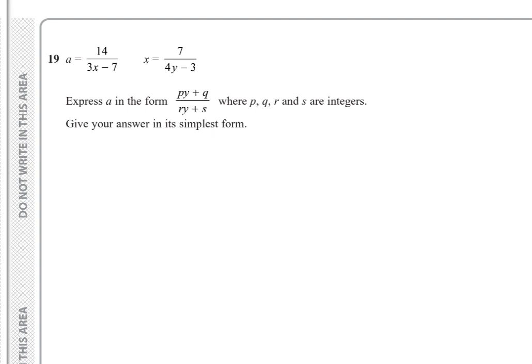So to find a in terms of y, you need to substitute x by 7 over 4y minus 3. So you can write a equals 14 over 3 bracket, inside this bracket 7 over 4y minus 3, then minus 7.